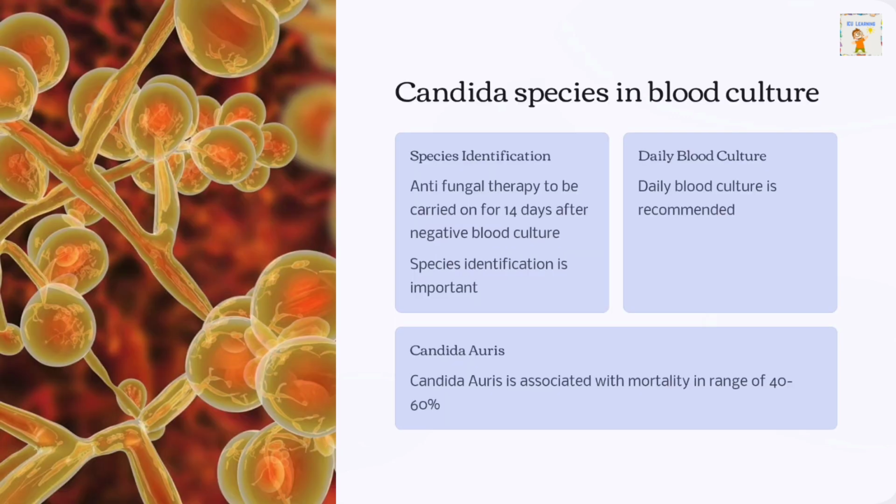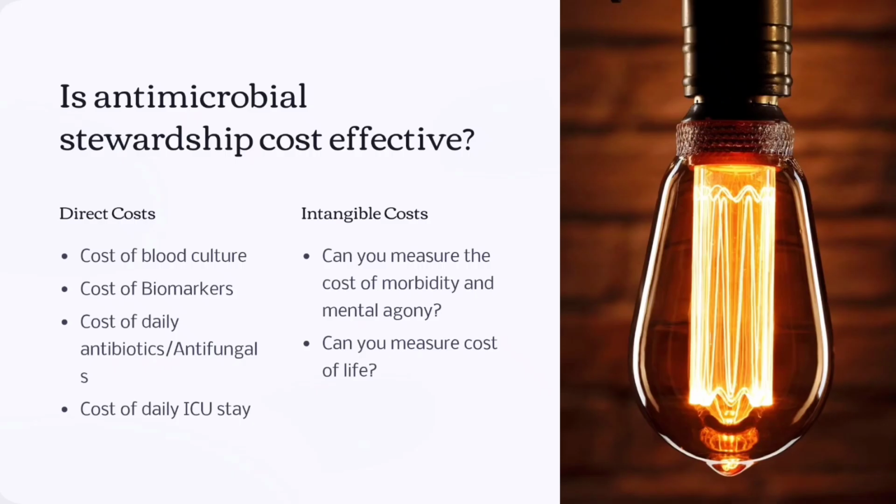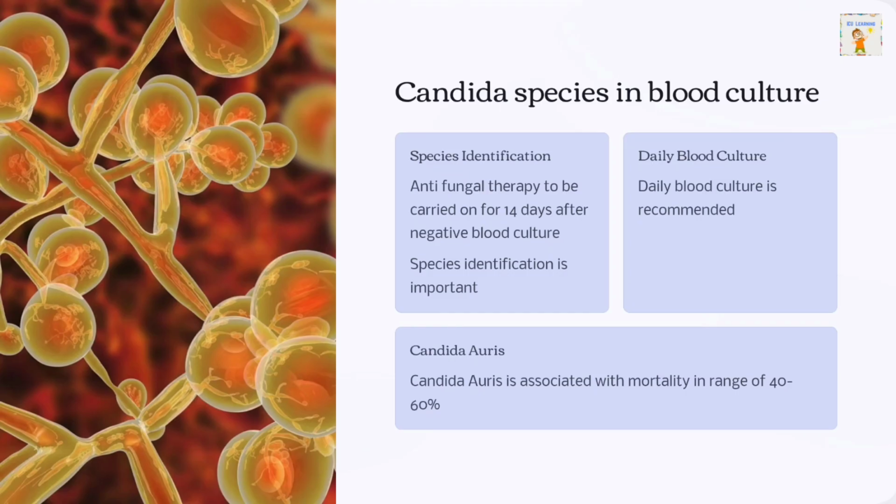So this Candida auris is associated with high mortality. And as we discussed, antifungal therapy for any Candida bloodstream infection has to be given for 14 days after a negative blood culture. And species identification is important because if it is Candida auris, then it can lead to serious problems. Daily blood culture is recommended for Candida bloodstream infection till the blood culture becomes negative.